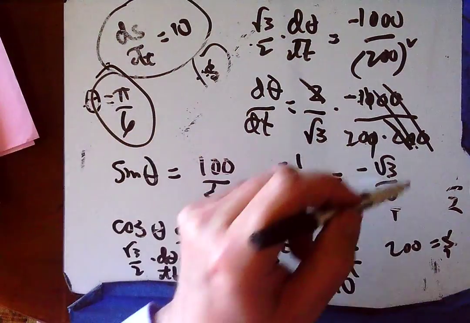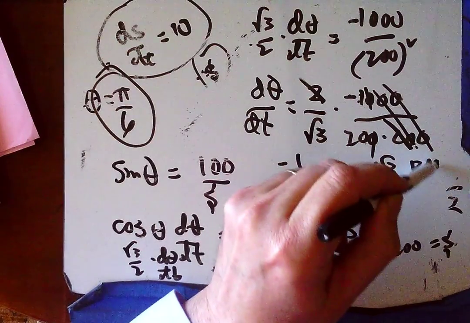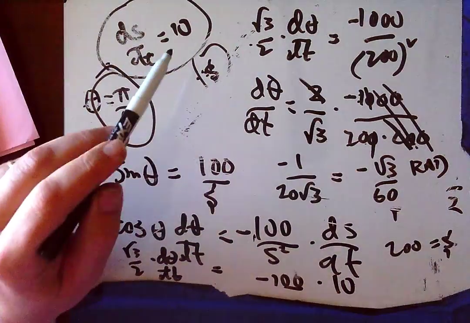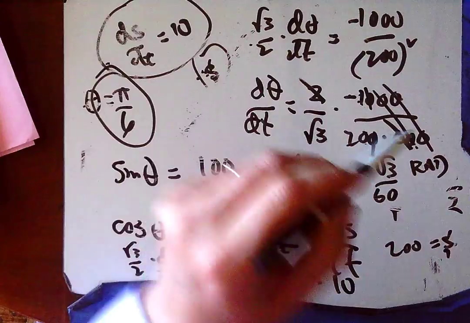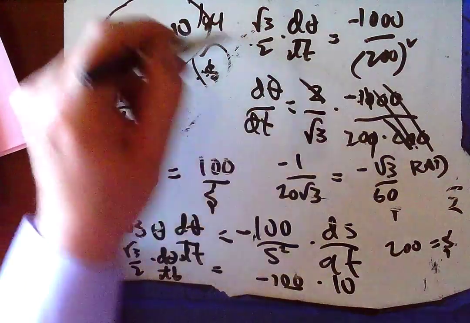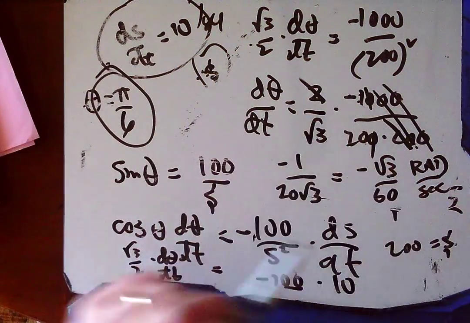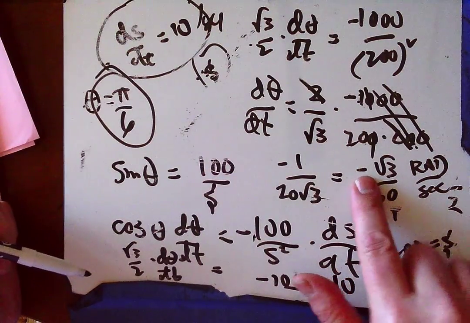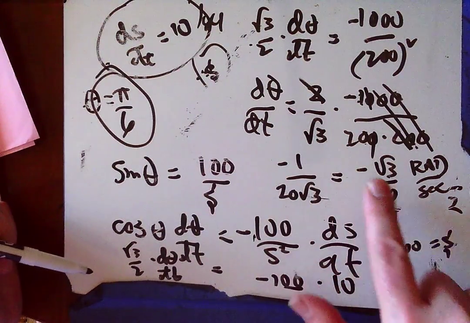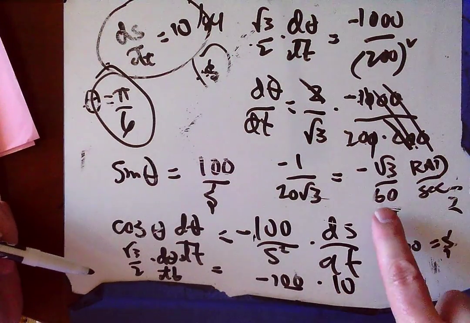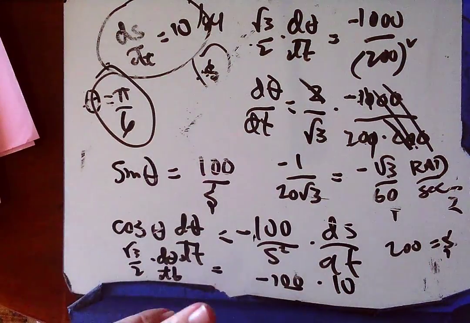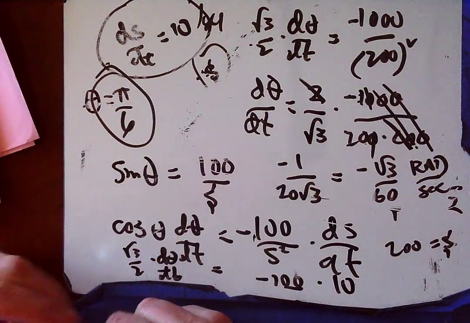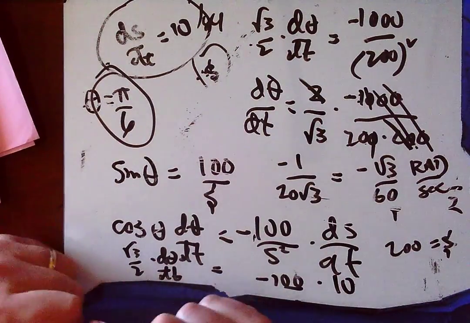Remember, these are radians, and our time was seconds, 10 feet per second. So it looks like the angle is getting smaller by root 3 radians every 60 seconds when theta equals pi over 6.